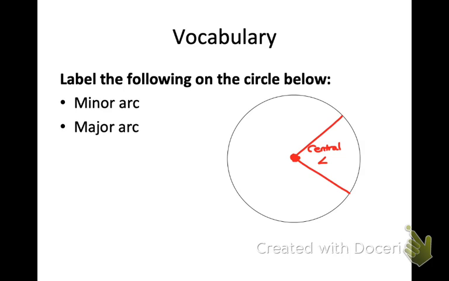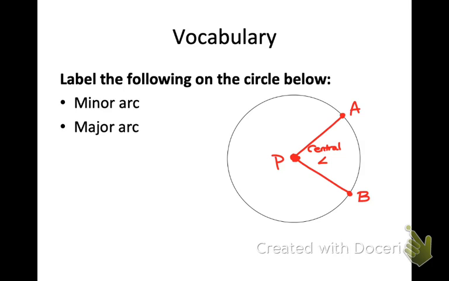Okay. So let's label it A for an endpoint and B, and then we'll put P in the middle for the center. So angle APB is my central angle.